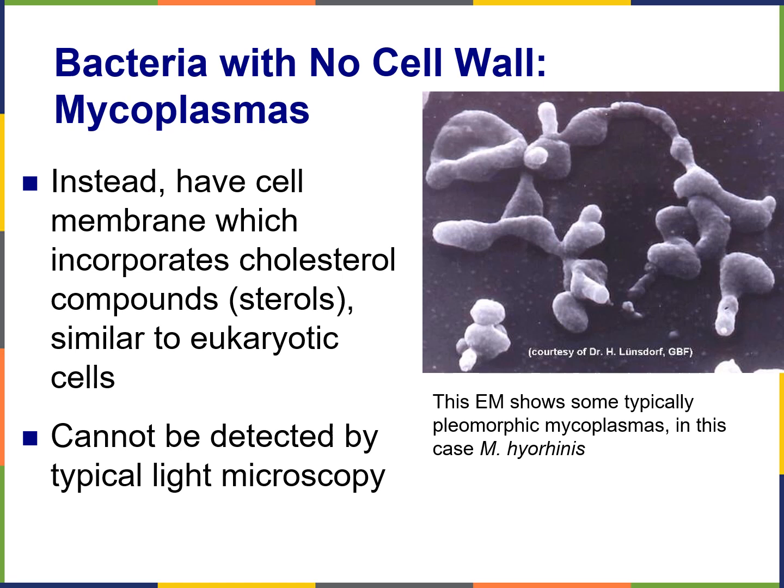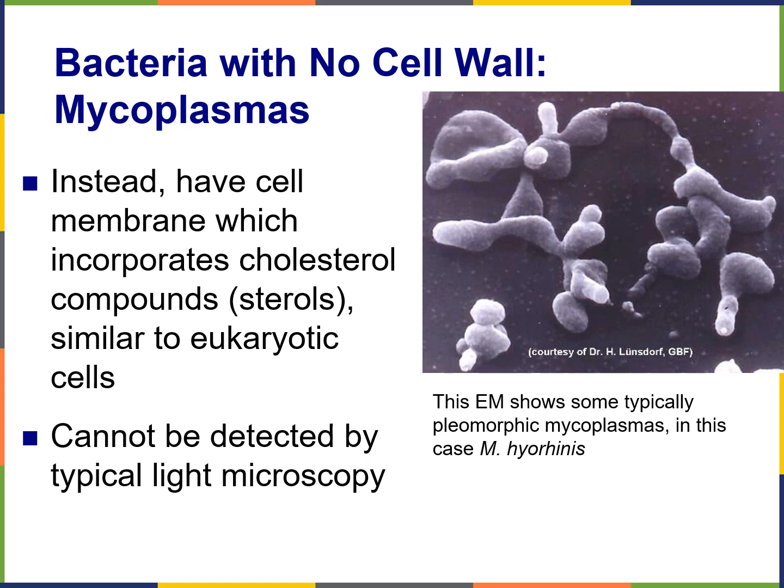Typically, they cannot be detected by regular light microscopy, because the cell wall is what stains. During the staining procedure, you're staining the cell wall. If a bacteria cell has no cell wall, then there's nothing for the stain to bind to. So you cannot really stain the mycoplasmas. And if you can't stain them, then you can't use regular light microscopy in order to view them.